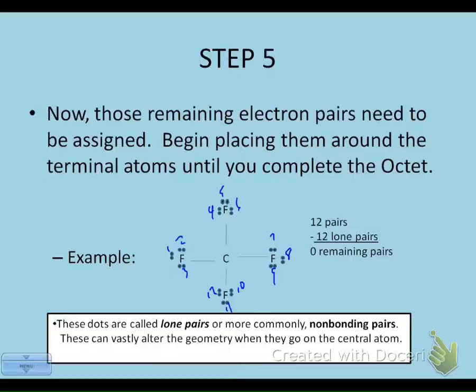And when I did that, I subtracted and got 0 remaining pairs. So I have assigned every electron that was available from these 5 atoms into the bonding areas, and now I have nothing left. I am done adding dots and pairs.